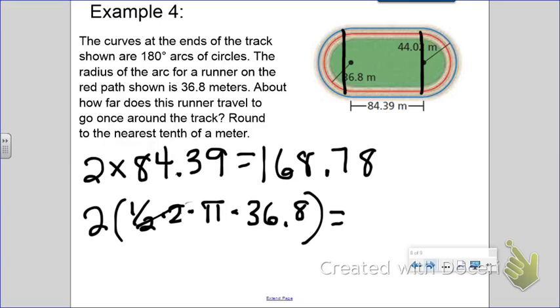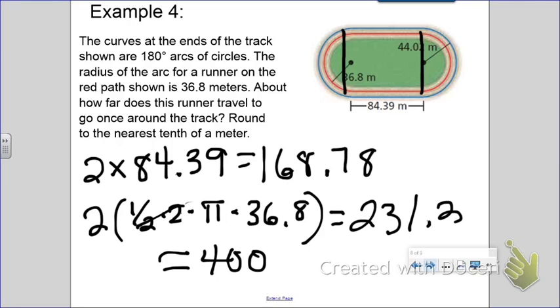So I take 2 times pi times 36.8. And we get 231.2. If we add our two numbers together, 231.2 plus 168.78, our total is 399.98, around 400. It rounds to 400 meters for the distance around the track.